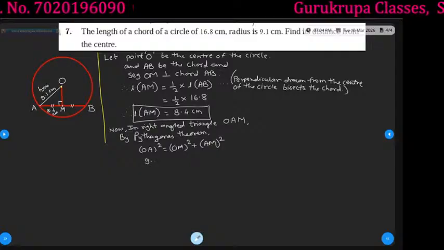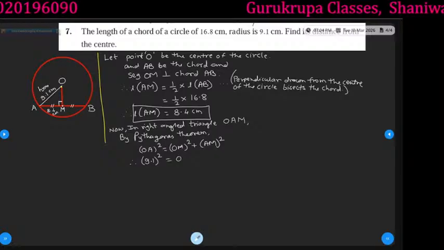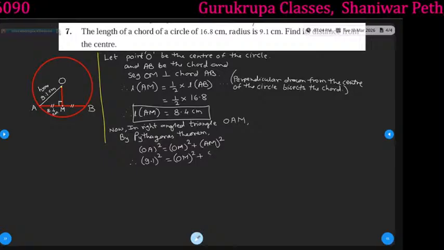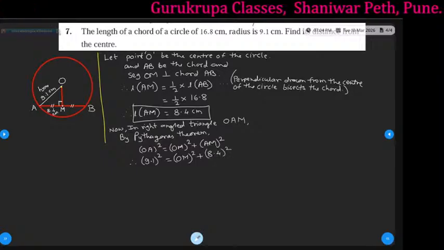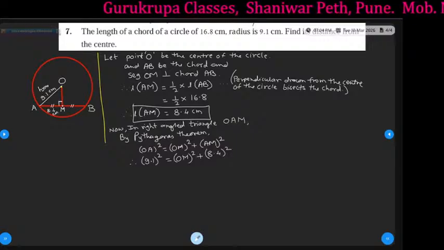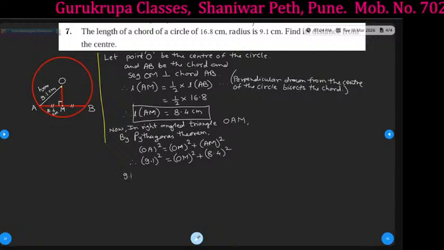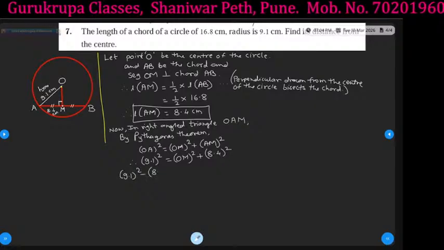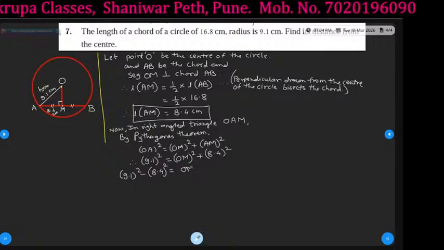So OA is 9.1, square of 9.1 is equal to OM square, which is not given, we have to find that, plus AM, we got 8.4 square. So therefore OM square is 9.1 square minus 8.4 square. Side change, sign change. This rule we have applied.